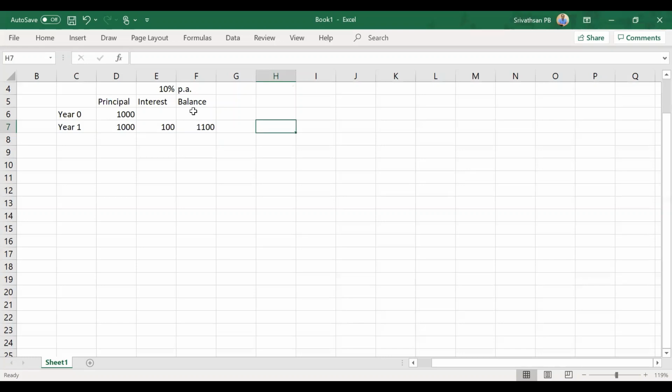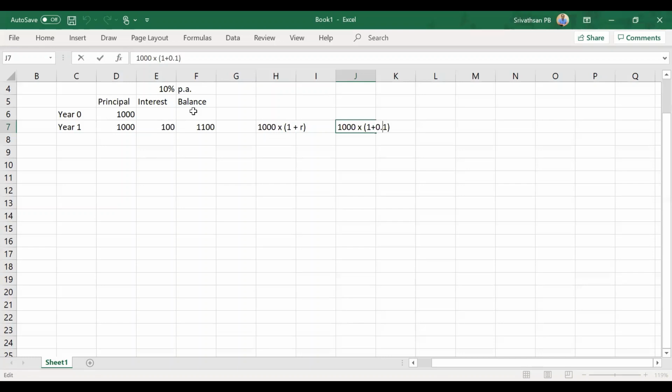So the other way of calculating this is 1,000 into 1 plus R, or the rate of interest, which is 1 plus 0.1. 10% is nothing but 0.1.